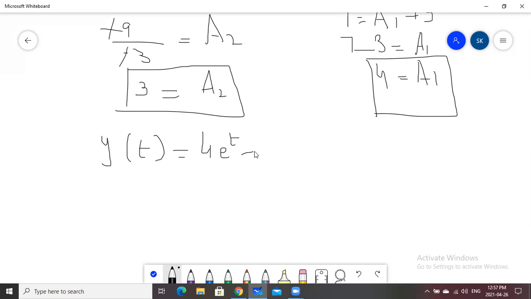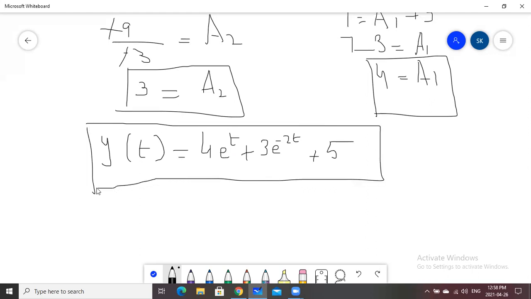Then we have plus 3 e raised to power minus 2t, plus in the end we will have 5 as well. This is how this question is solved. This is the solution that was required.